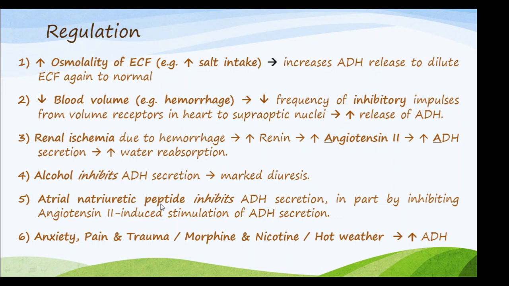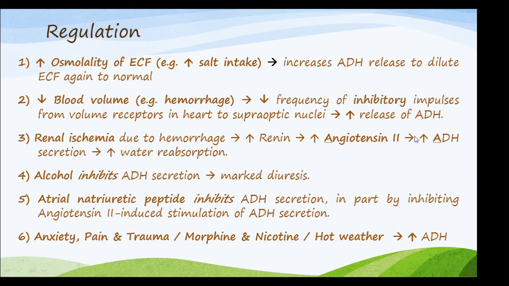Atrial natriuretic peptide, or ANP, inhibits ADH secretion by inhibiting the angiotensin 2 induced stimulation. So in the process of renal ischemia due to hemorrhage, there is an increase in angiotensin 2 leading to an increase in ADH secretion.